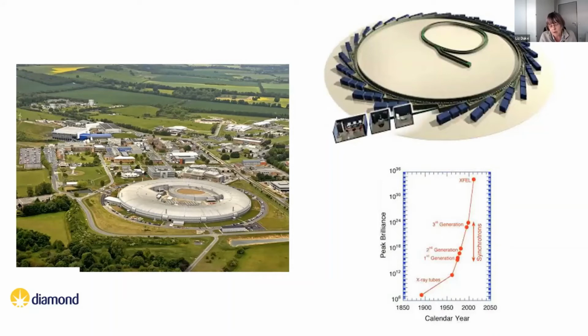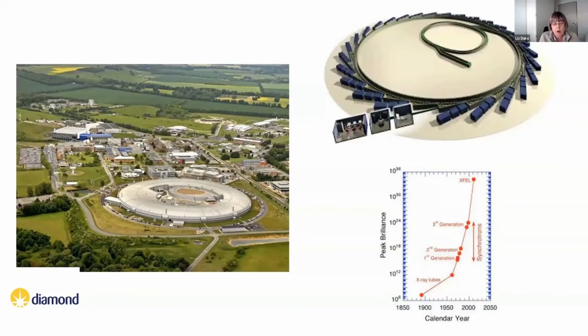They're big facilities, the sort of facilities that a country might have one or maybe two. They're often multinational facilities. This image here on the left-hand side is Diamond Light Source, which is the UK's national synchrotron, just south of Oxford in the UK.